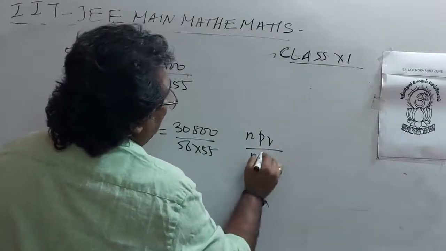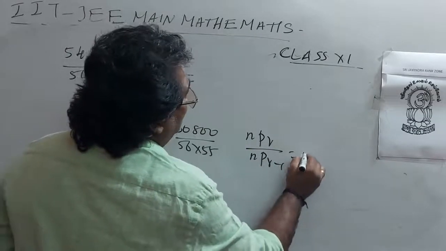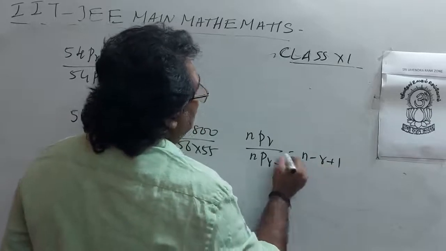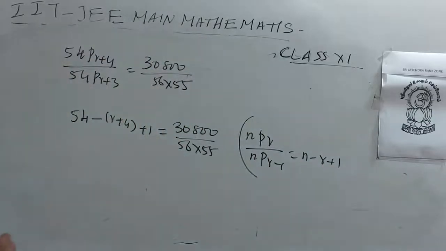nPr by nP(r minus 1) equals n minus r plus 1.